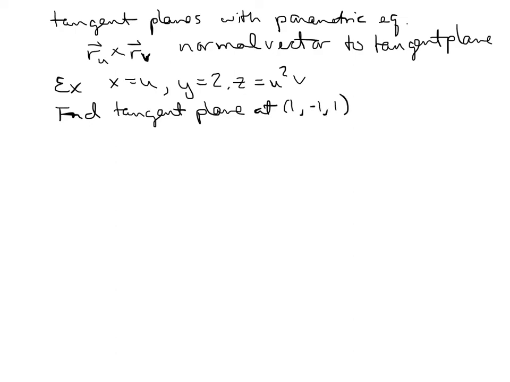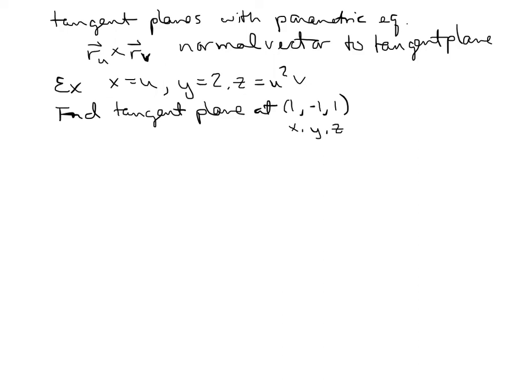Notice that I've given you 3 numbers here, so this really does represent x, y, and z. If I gave you the point 1, -1, then it would probably represent uv, but that may be a poorly worded problem. Because there are 3 numbers, it's going to be an x, y, and a z.